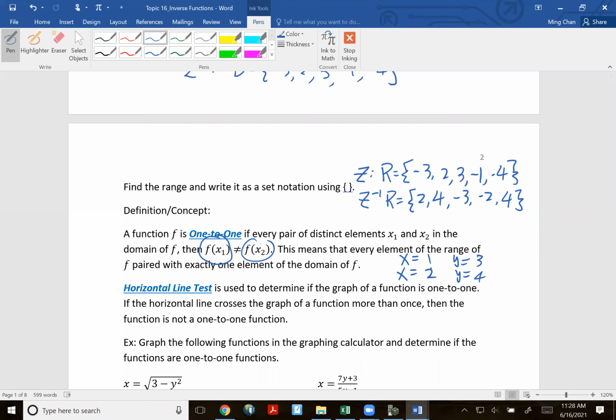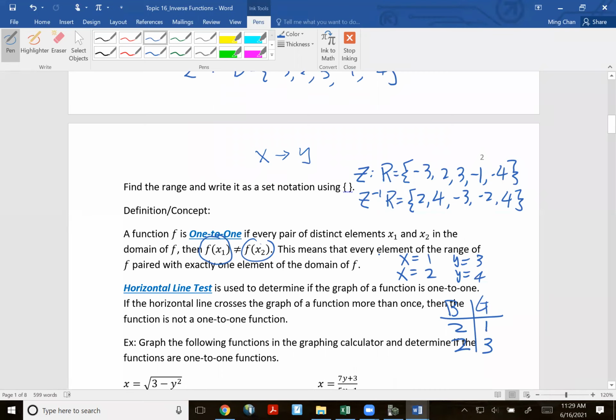To be a function, every x can only correspond to exactly one y value. All right, so I use the example of boys and girls. It just turns out we cannot have the same boy with a different girl. You cannot have the same x go to different y values. In that case, it is not a function.